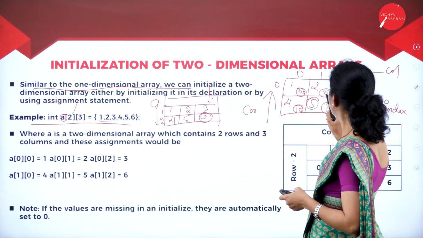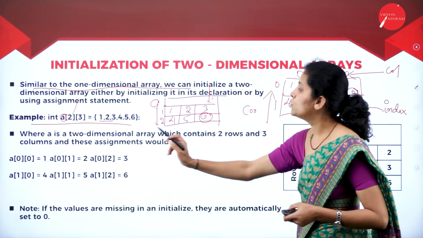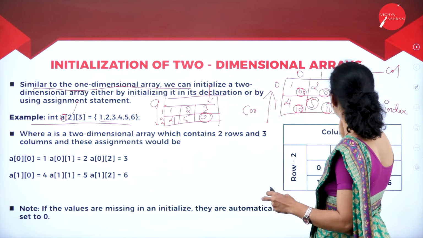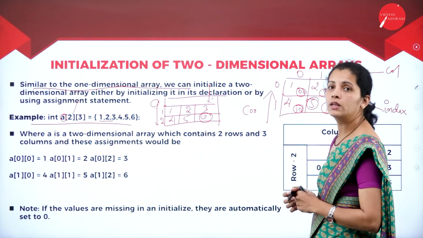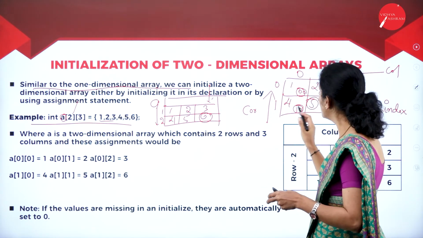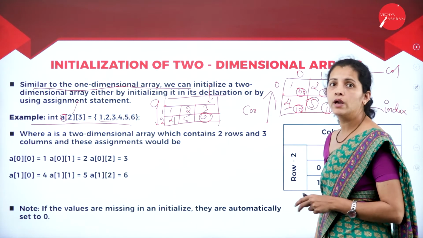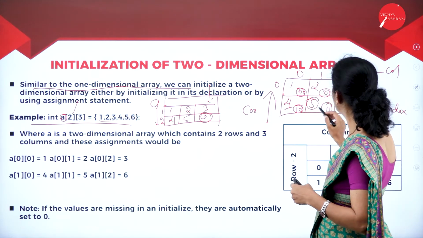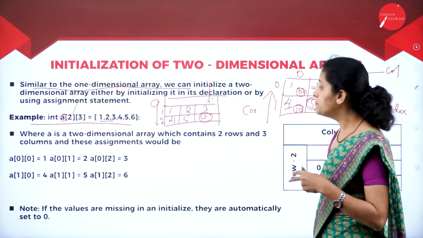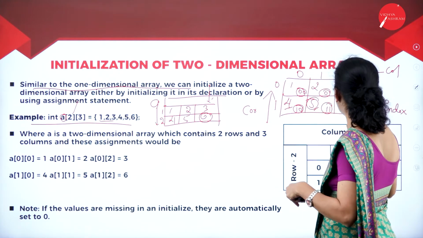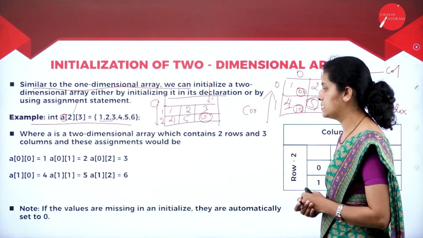In place of 0,1, I'm going to store 2. In place of 0,2, I'm going to store 3. In place of 1,0, I'm going to store 4. In place of 1,1, I'm going to store 5. And in place of 1,2, I'm going to store 6.